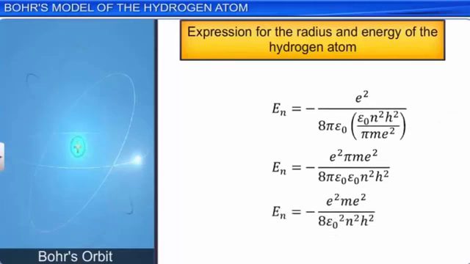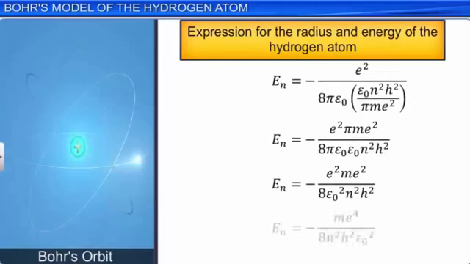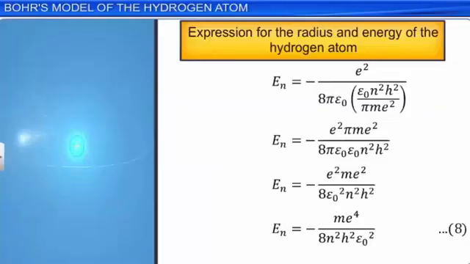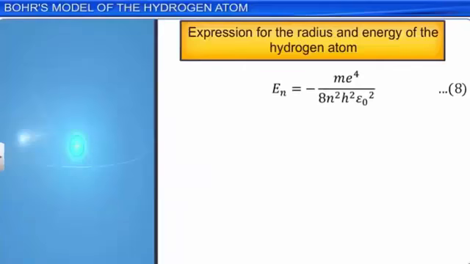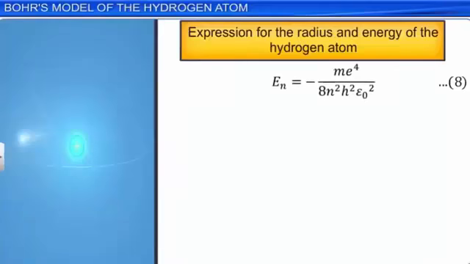Let this be equation 8. Substituting the values of m, e, ε₀, h, and simplifying, we get E_n is equal to minus 13.6 by n² electron volt. Let this be equation 9.